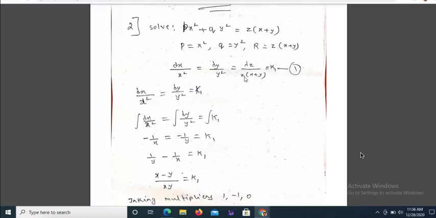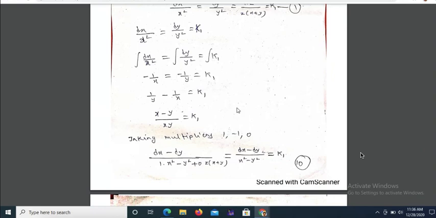So that's the reason I took multipliers 1, minus 1, 0. See, here also 1, minus 1, 0. It is not that every time we have to select only 1, minus 1, 0 or 1, 1, 0. No, you have to choose, write, and check whether we can integrate after using the multipliers.